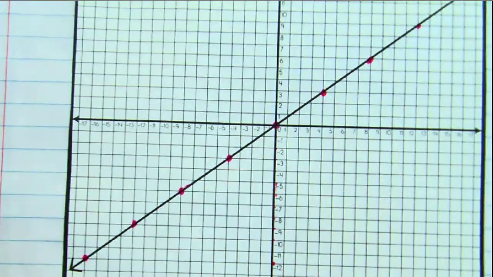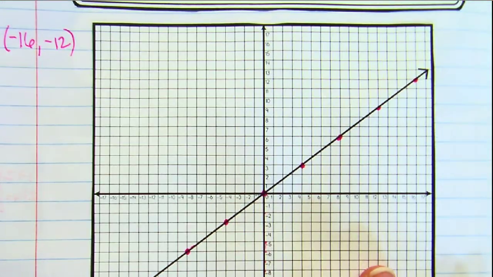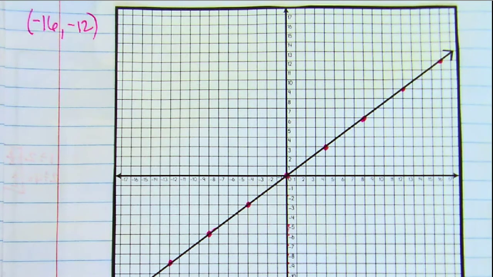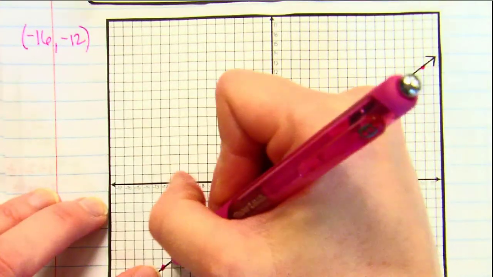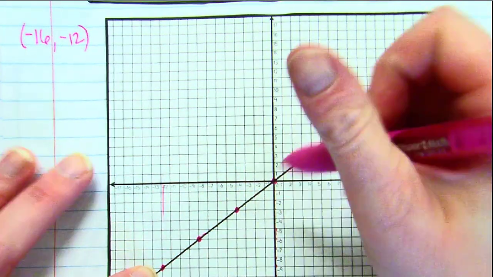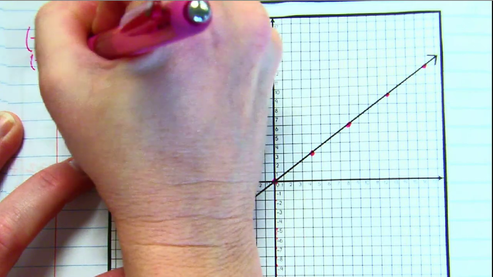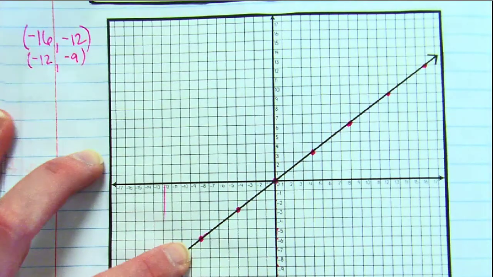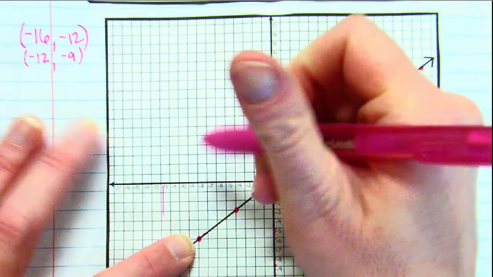Negative 16, negative 12. And I'm writing that up on the side over here. This one is negative 12 and negative 9.